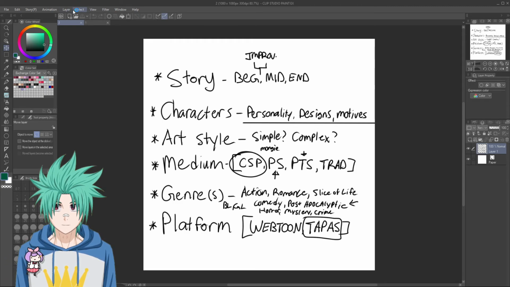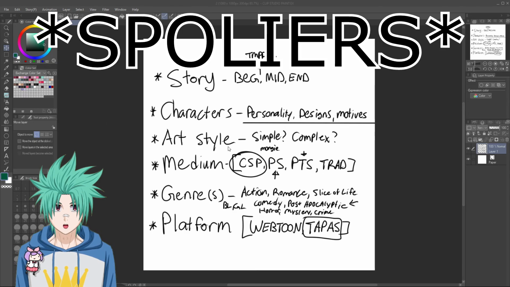I'll give you a quick example of what my Webtoon panels look like. Let's say this is spoilers, by the way. Say, for example, this page right here.